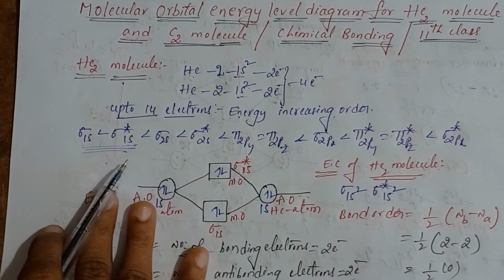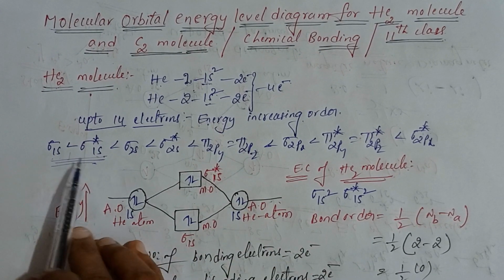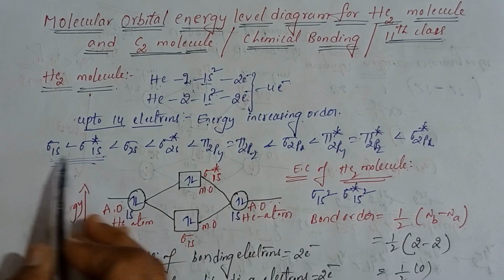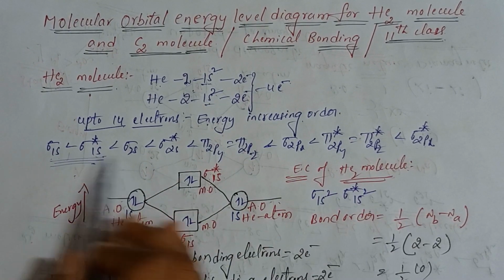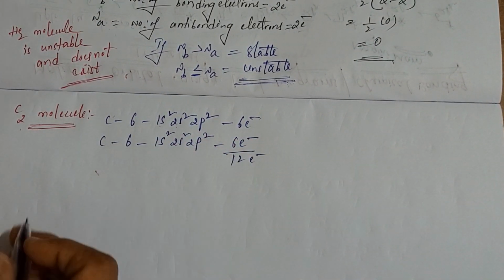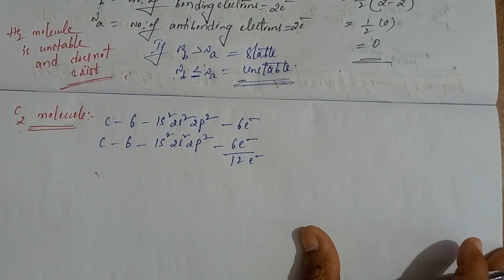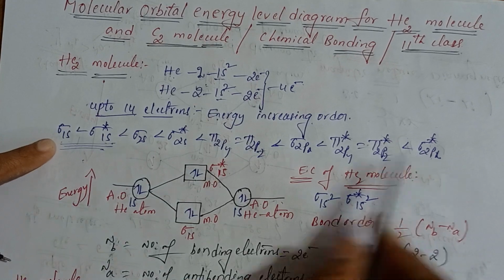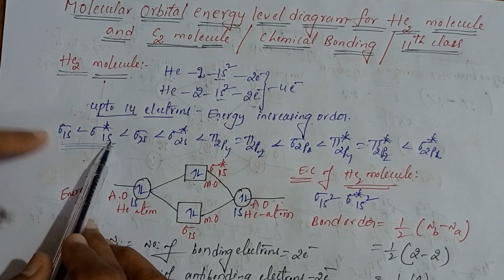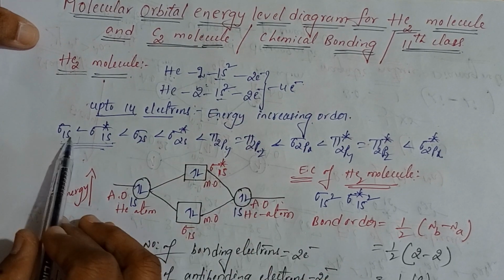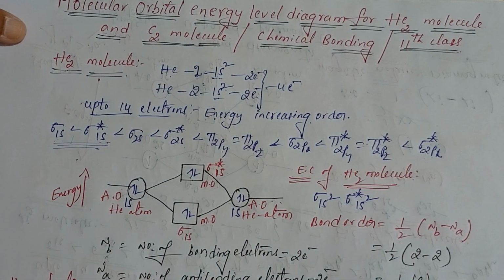So we will get the 3 diagrams here. From down to up I will write: sigma 1s first, next sigma star 1s, sigma 2s, sigma star 2s, pi 2py, pi 2pz. According to this order I am drawing the diagram.